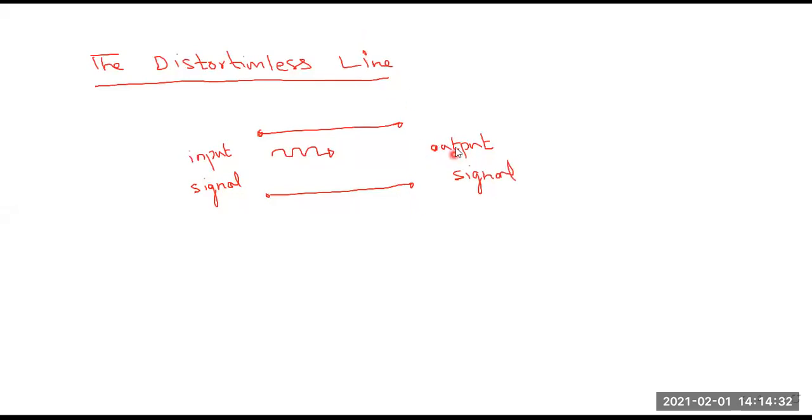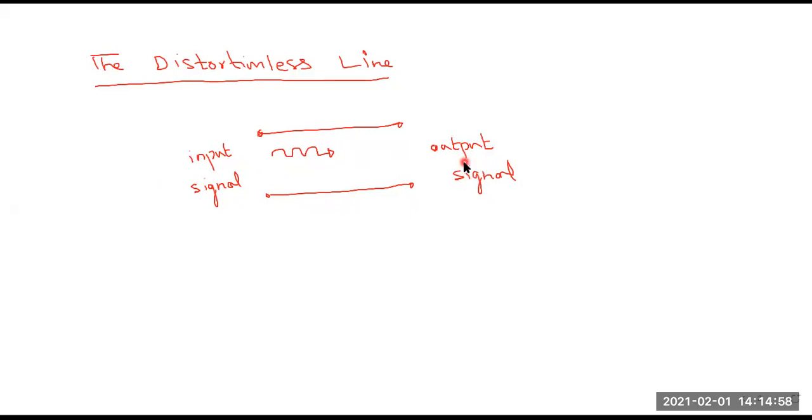Now, how much is this output signal equal to the input signal? In an ideal situation, we want the output signal's shape to be exactly equal to the input signal. Whatever is the shape of the input signal, I want the output signal to have the same shape.